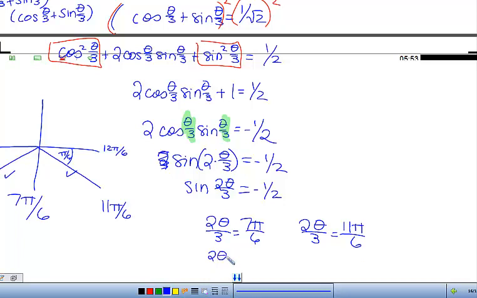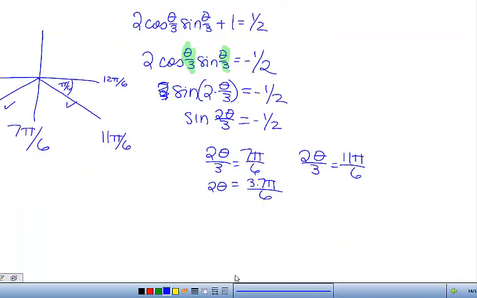We get 2 theta equals 3 times 7 pi over 6. Of course, those are going to cancel out, and we get 7 pi over 2 right there. If we divide by 2 on both sides, we get theta equals 7 pi over 4.